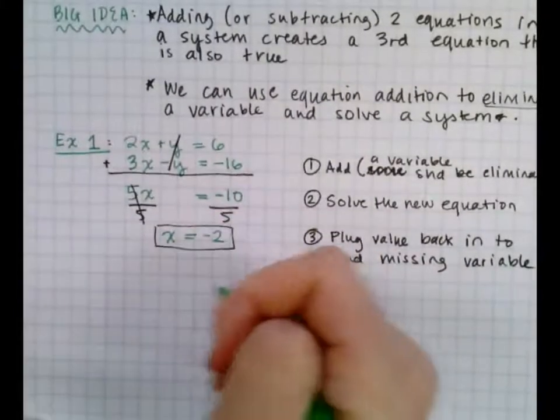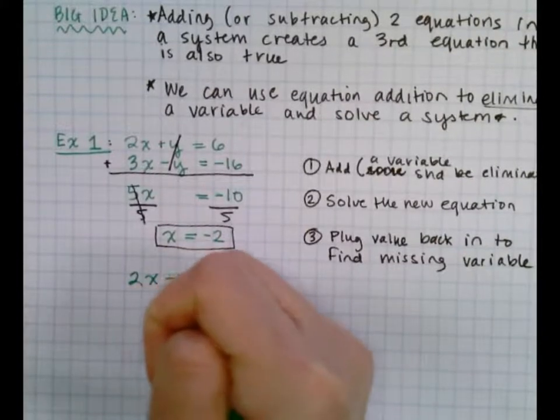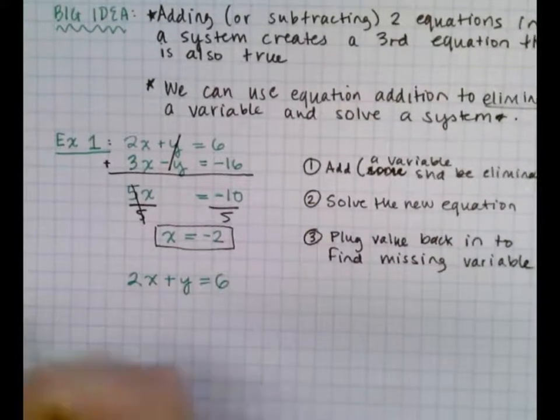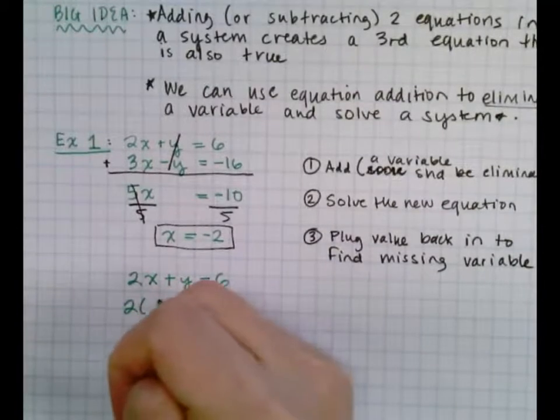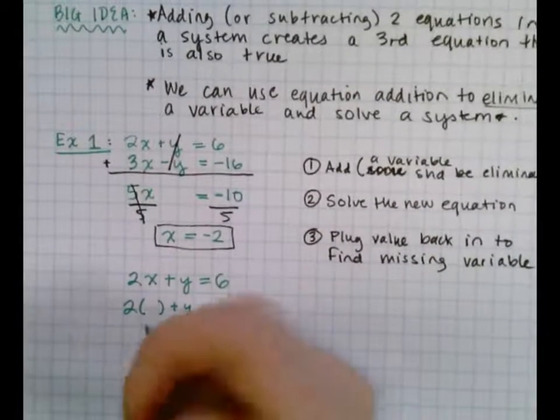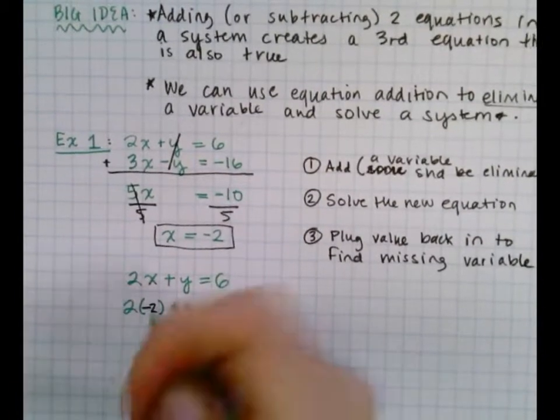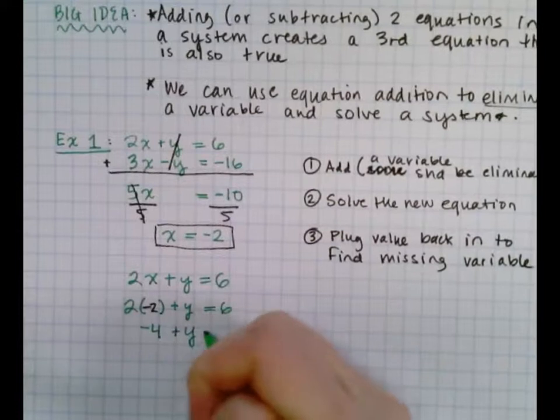It doesn't matter which equation we use, I'm just going to use the first one, 2x plus y is equal to 6. And then I'm replacing that x with a negative 2, because that's what I now know x is. That's going to give me negative 4 plus y is equal to 6.